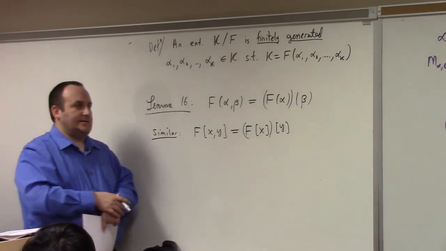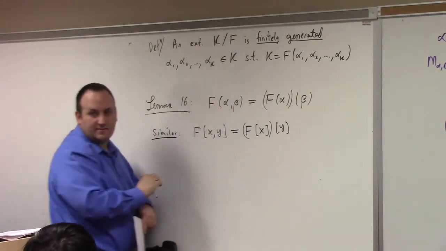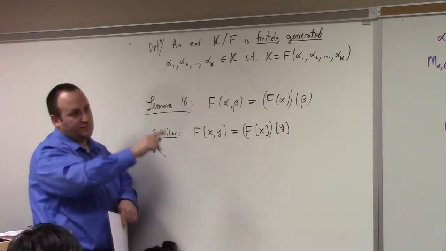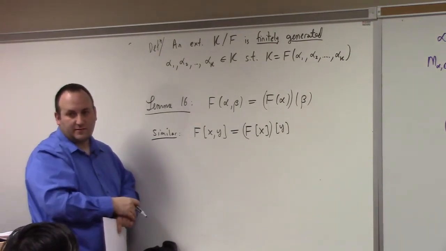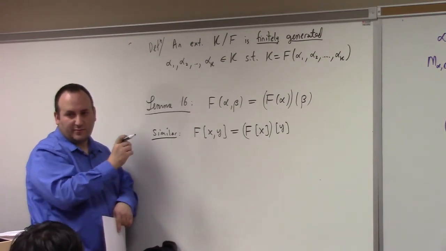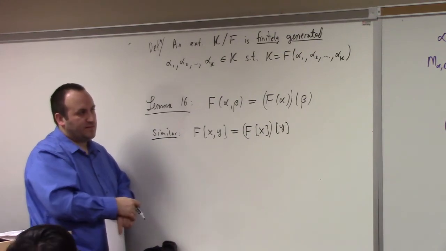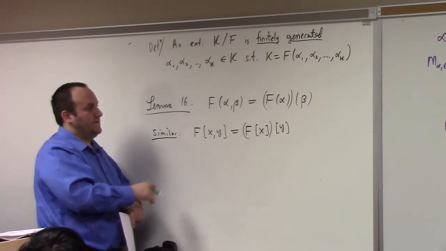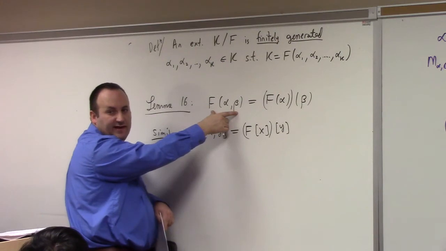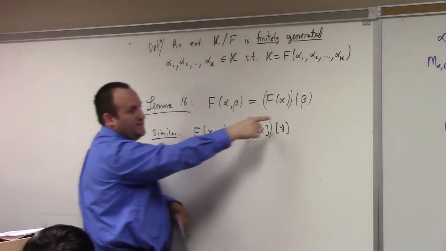This kind of tells you how to do this calculationally. We kind of already saw it in the proof of the theorem I just erased. The alpha basis and then the beta basis, and we multiply the two, and it's almost the same structure. Of course, this is the smallest subfield of K which contains F, alpha, and beta, right? But this field does what?